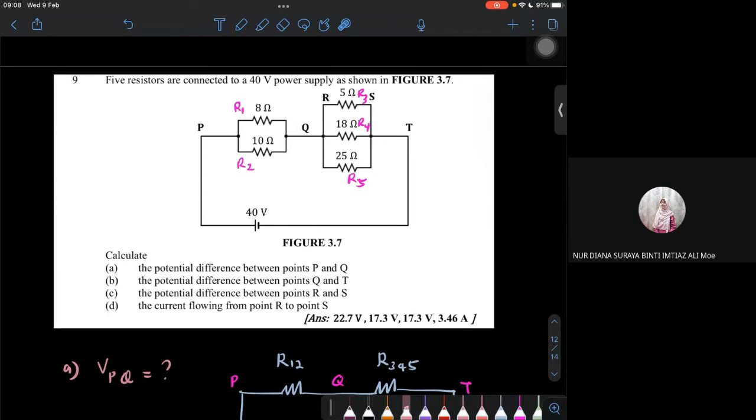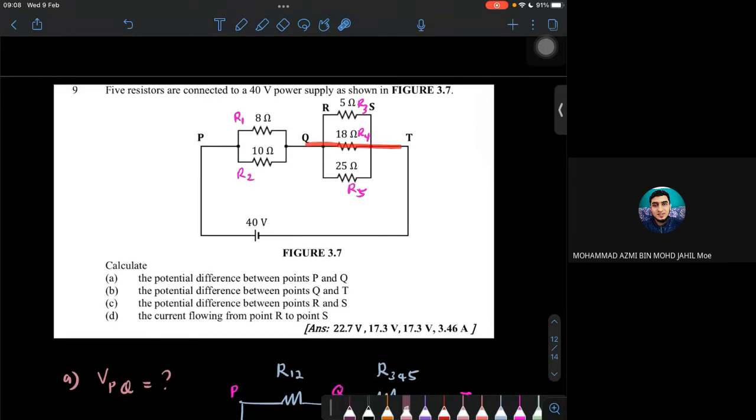Anyone? Series can be the same, Miss. What is it? Series QT is not the same? VQT. Okay. So VQT, we have already obtained. Now we want to find what is VRS. Since these three are connected in parallel, it will be the same, right? Yes. Okay.